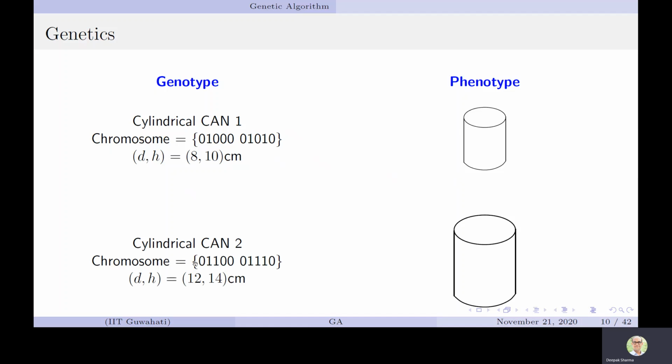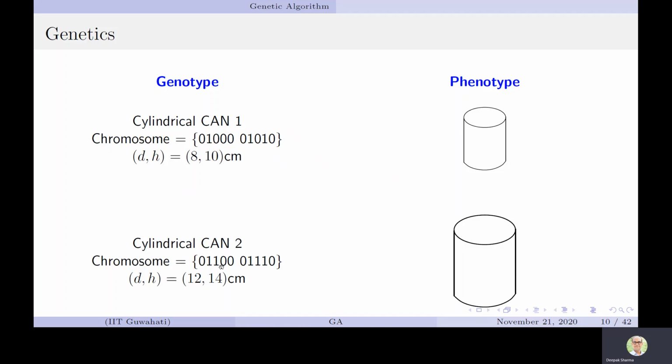Suppose we change the chromosome. Now you can see that the first 5 bits and the other 5 bits are changed. When we decode that, the diameter and height will change. Currently it is 12 and 14. Now what we can understand is that when we change the chromosome, the phenotype will change. And that is what we will be doing in genetic algorithm.